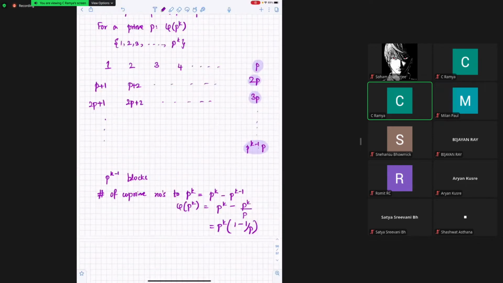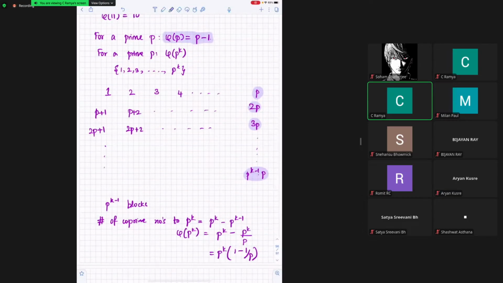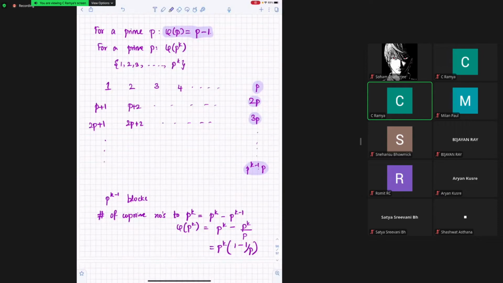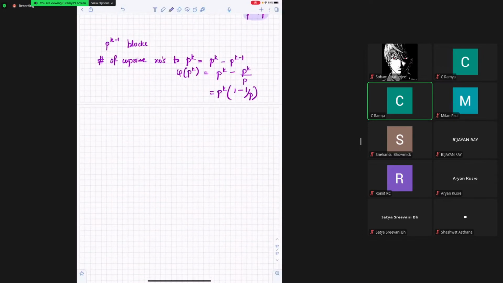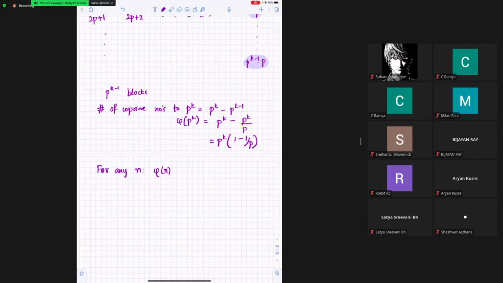So we saw that for any prime number, this is true, it's p minus 1. So now what can you say about any n? What can you say about phi of n? What's the most natural thing to do?